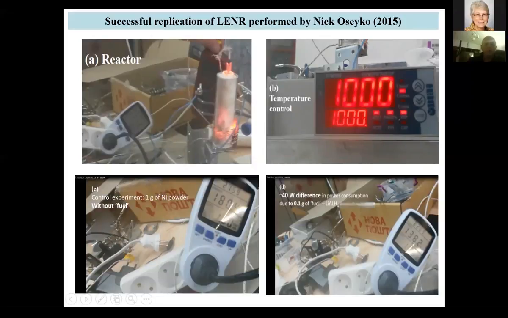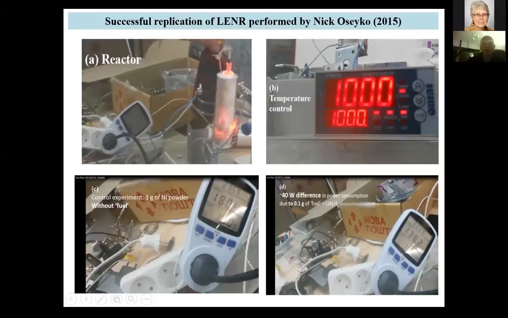It's just heating some vessel with a reactor, let's say, with this fuel, very closely imitating the Parkhomov setup. But the difference is that the temperature is very well controlled, in this particular case at 1000 degrees Celsius.